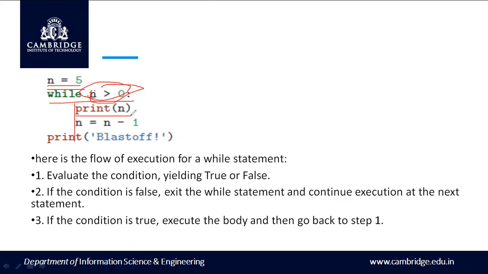It prints n, and then n is decremented by 1 in each iteration using the statement n is equal to n minus 1. When n is no longer greater than 0, the while statement comes out of the loop and prints blast off. That is this iteration form of the while statement.